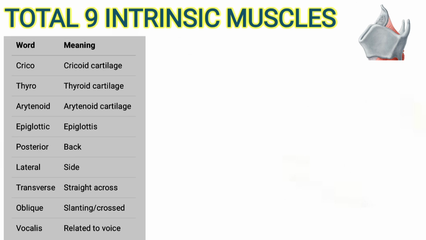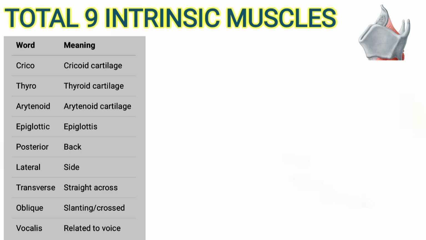Crico means cricoid cartilage, thyro means thyroid cartilage, arytenoid means arytenoid cartilage, epiglottic means epiglottis, posterior means back, lateral means side, transverse means straight across, oblique means slanting or crossed, vocalis means related to voice. So the muscle name usually tells from which cartilage to which cartilage.